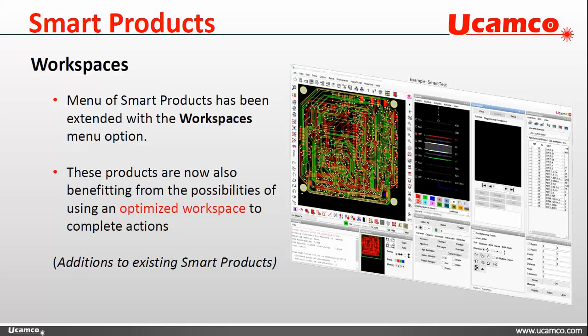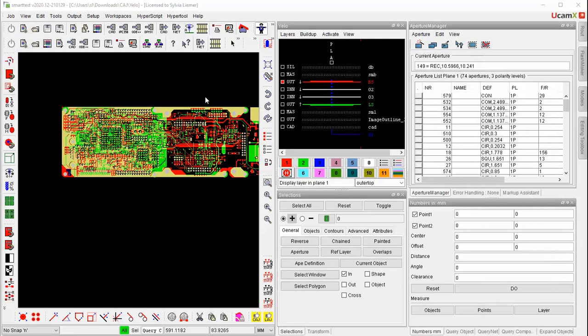A long-standing wish of our customers was to have the workspaces we have in UcamX in our smart products too, for example, for smart test. If I open a smart product now, for example, the smart test, I have the workspaces available.